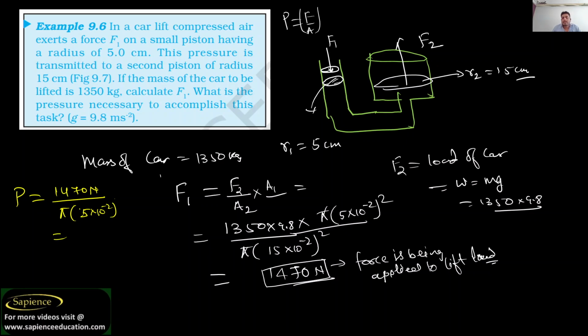If you calculate this, F1 by A1, you will get 1.9 into 10 to the power 5 Pascal approximately. Okay, approximately I am talking about Pascal. So do it by your own calculation. I have given the method of how to calculate, so try to complete this.